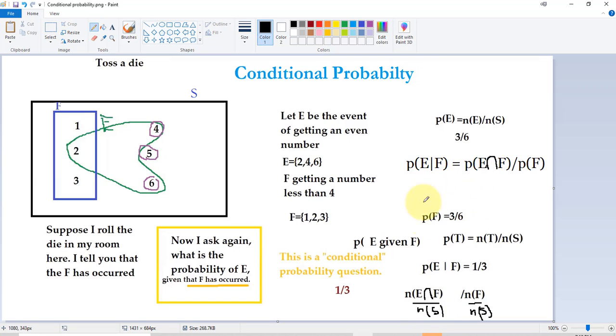So now we have the probability of E given F is P of E intersect F divided by P of F. And that's how we explain what we mean by the probability of E given F. We know what we mean by it because we explained it in English, but this is actually the real definition. This is the formula for the probability of E given F, but usually we say it's not just the formula, it's the definition.